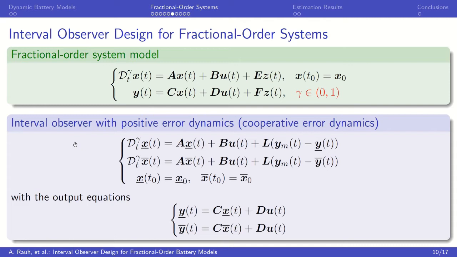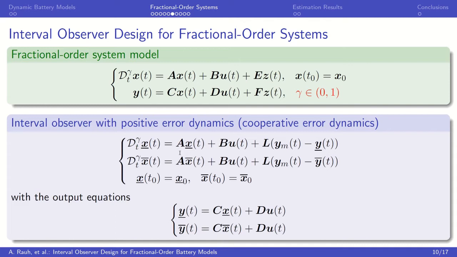This positive dynamics can be ensured if the corresponding system matrix of the observer dynamics, namely the matrix A minus L times C, is an asymptotically stable matrix, which is moreover a so-called Metzler matrix.